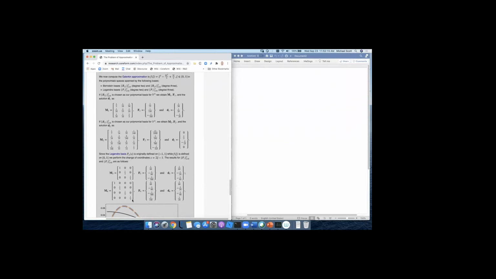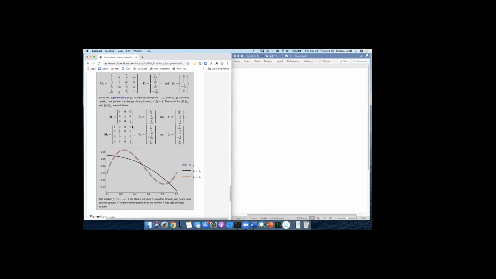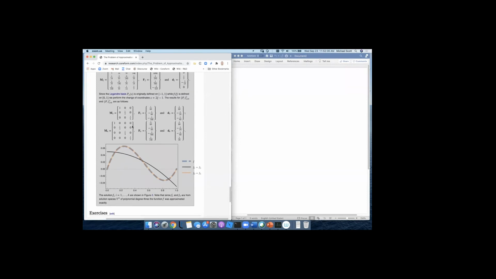What you should see immediately is that the mass matrix for the orthogonal polynomials diagonalizes. That's why they're nice: it diagonalizes the operator and makes it easy to invert the mass matrix, because it's just a diagonal matrix. Whereas with the Bernsteins, you get a full matrix. And then we do some solutions, some approximations.